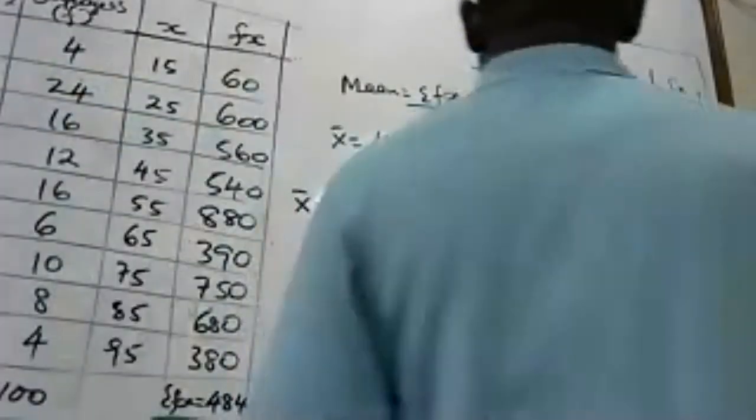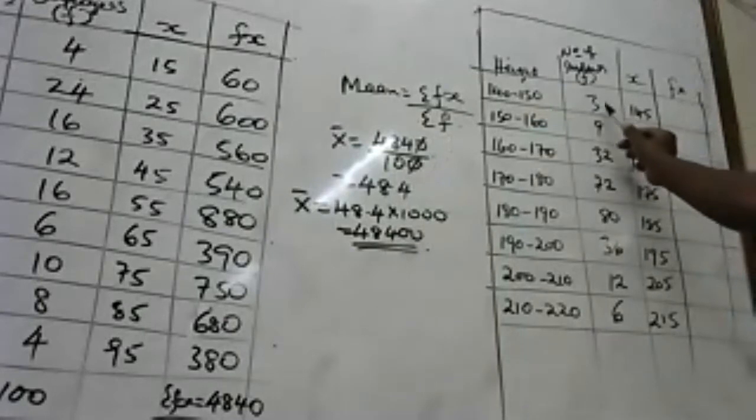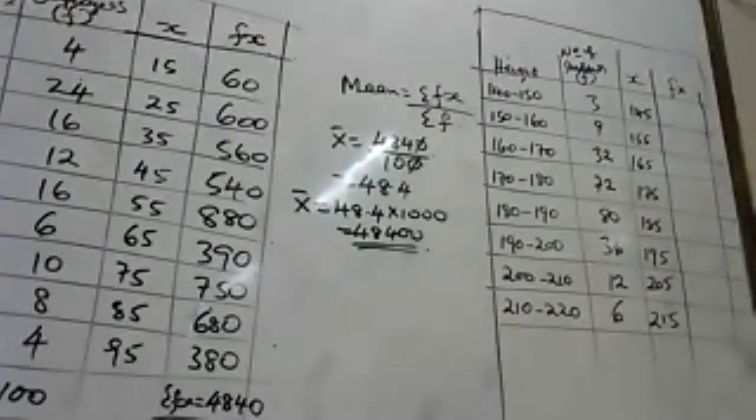For example, for the first class, f is 3 and x is 145. If you multiply them, you get 435. For the second class, 9 times 155 is 1395.